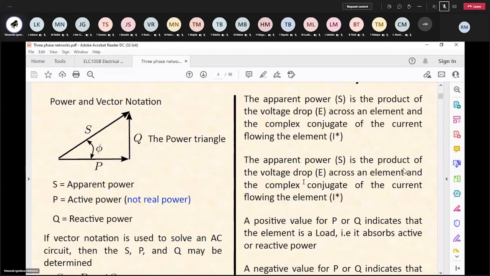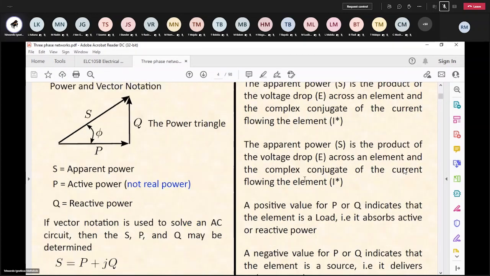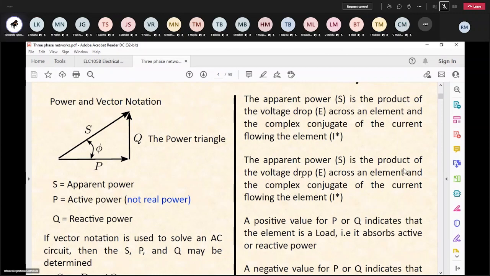Now, an important aspect also that we looked at is the power diagram. The power diagram, or what others refer to as the power triangle, relates the various powers that we dealt with in AC networks.